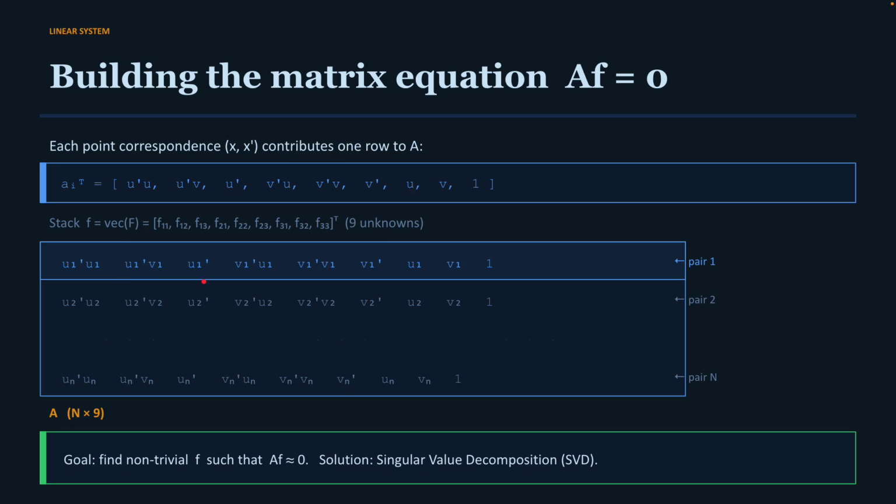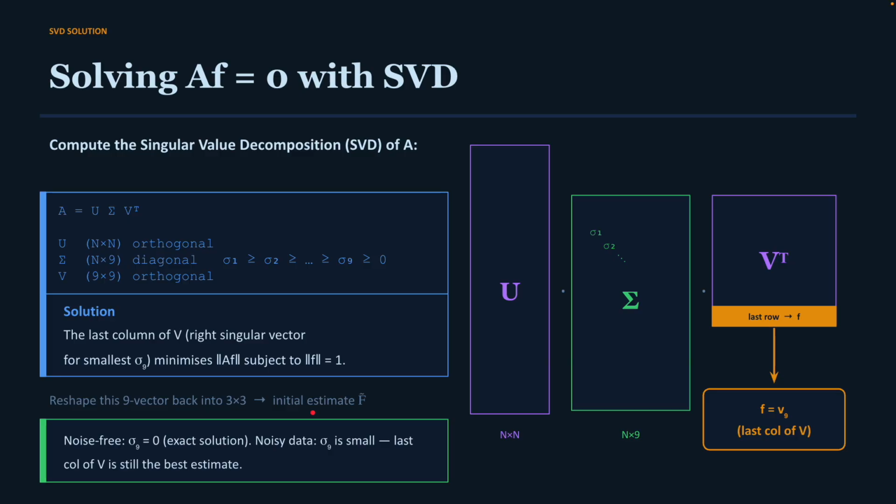This row times f equals 0. With n pairs, we get an n by 9 matrix A, and our goal is to find f such that Af equals 0. With noise in real data, no exact solution exists, so we want the f that minimizes the norm of Af. That's exactly what SVD gives us.